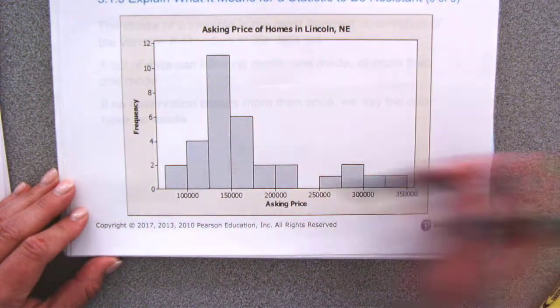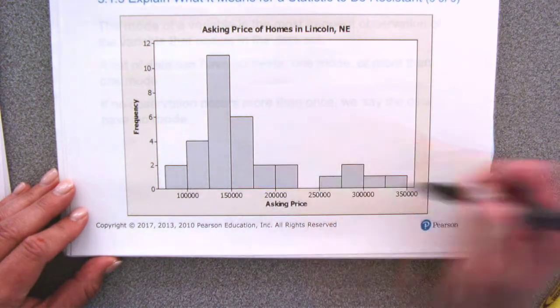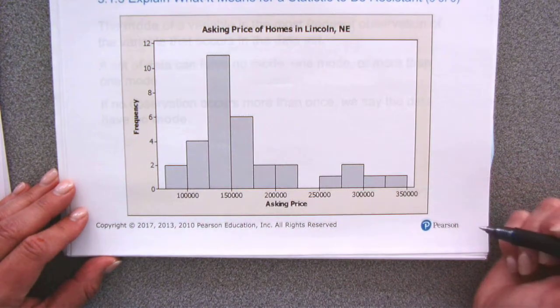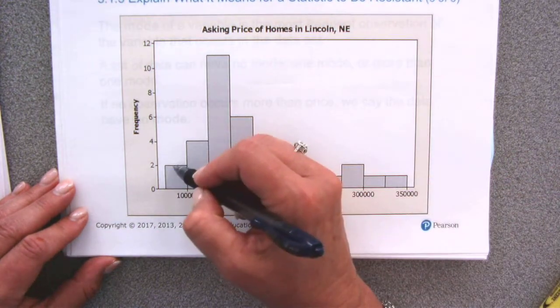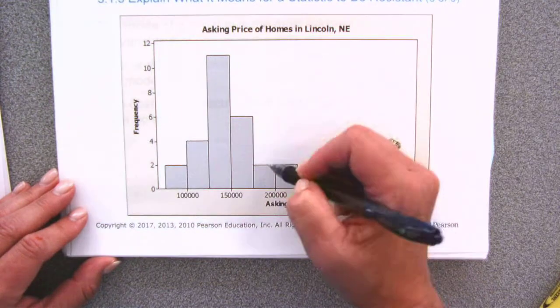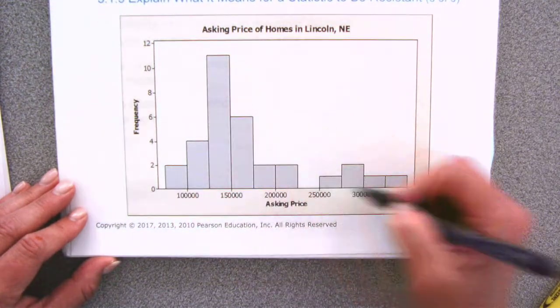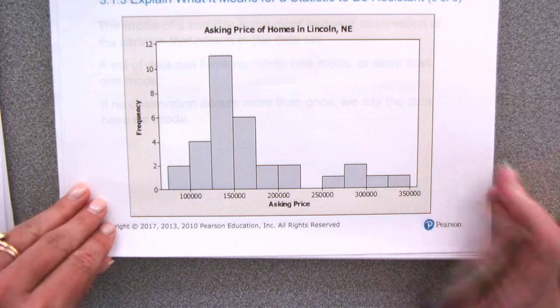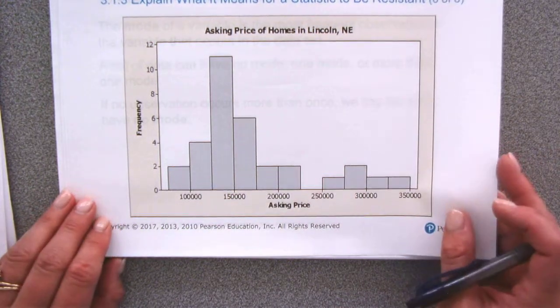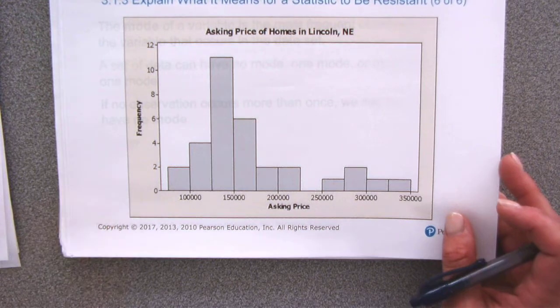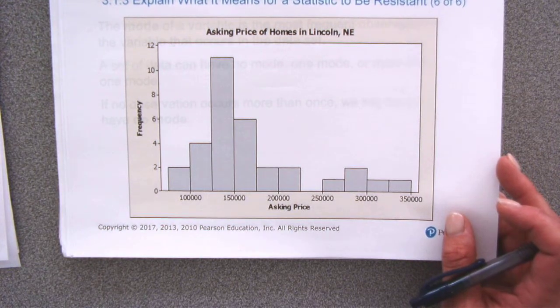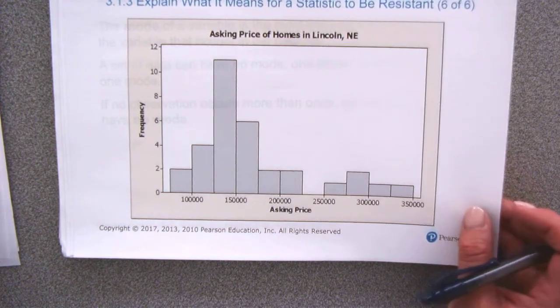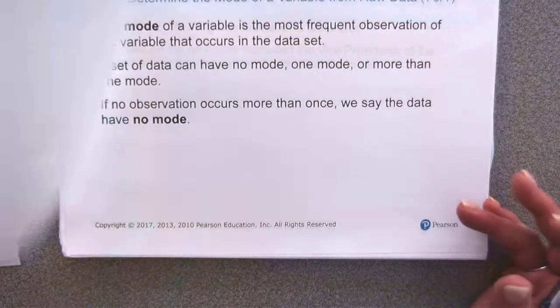Where's your long tail? Your long tail's to the right, so that's skewed right. Okay, so if you were to join the midpoints of all these bars together, it would have a longer tail on this side. So it's approximately skewed right. Okay? And we could tell that just by finding the median and the mean. Any questions on that?